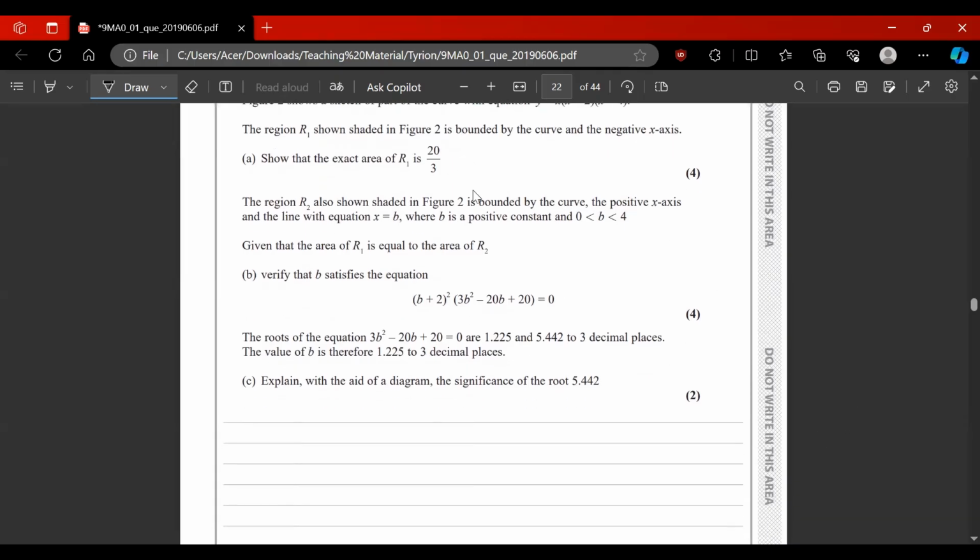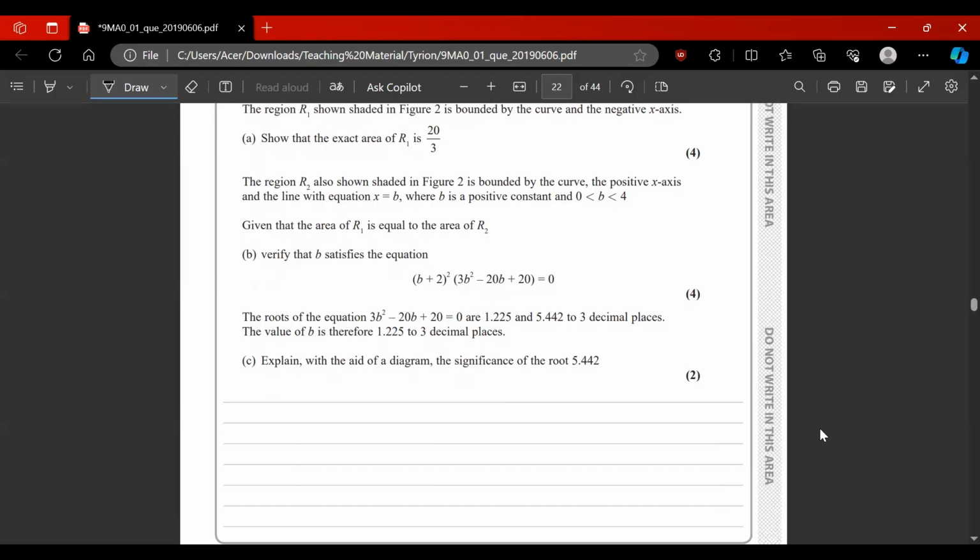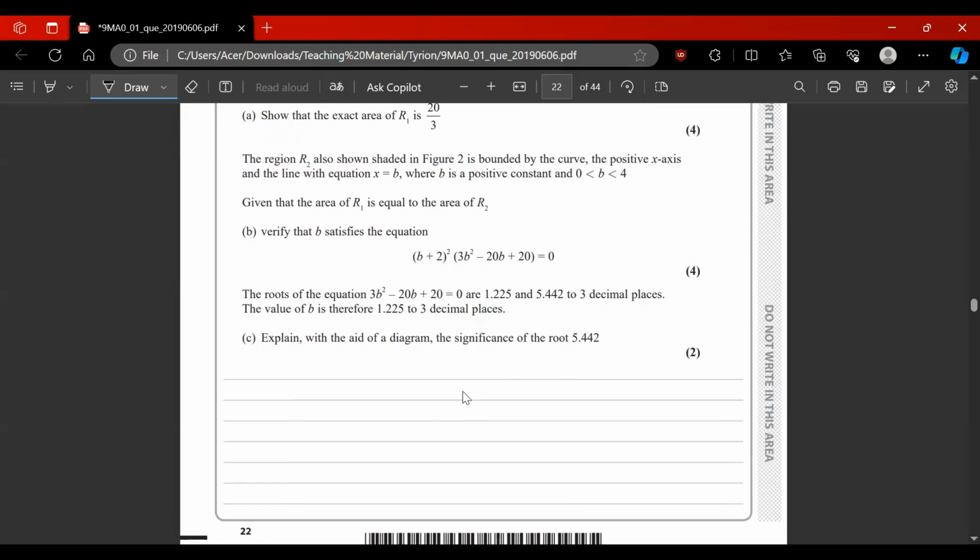3, and also the integrated expression with b instead of x. So that means we have 1 over 4 b to the power 4 minus 2 over 3 b cubed minus 4b squared. This is basically the integral we got, but instead of x we substituted b, and this is equal to 20 over 3, the area.